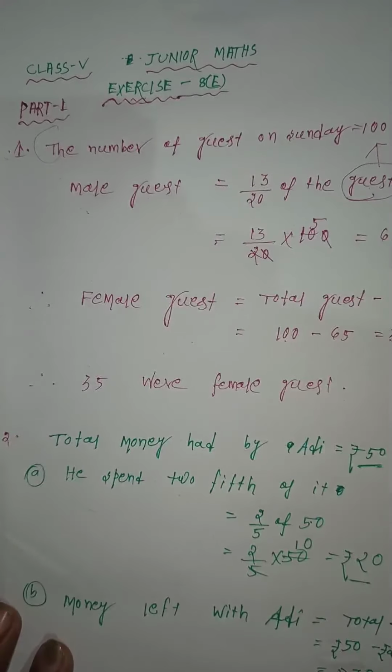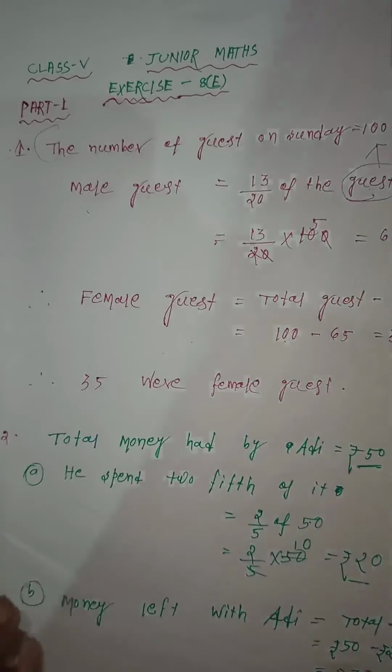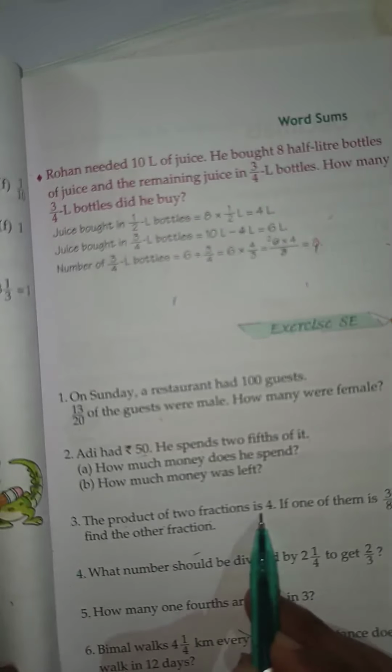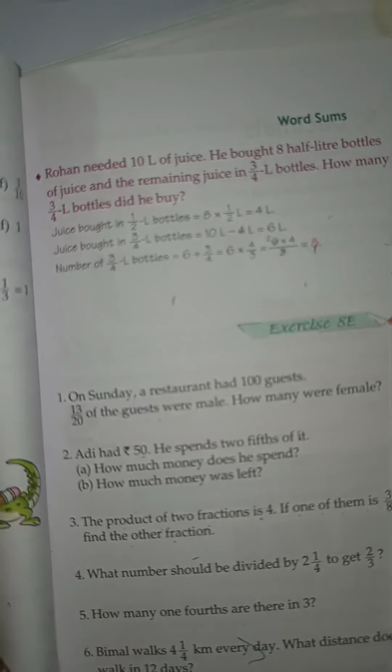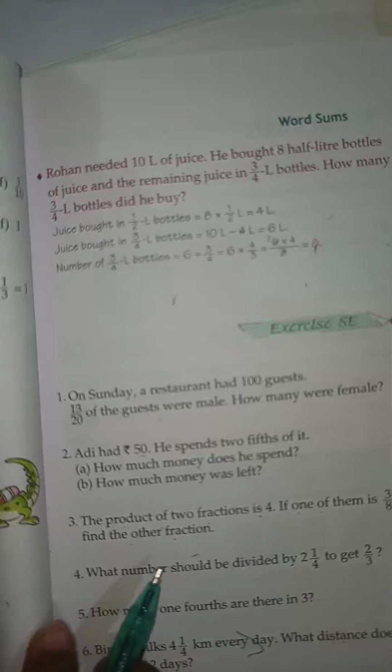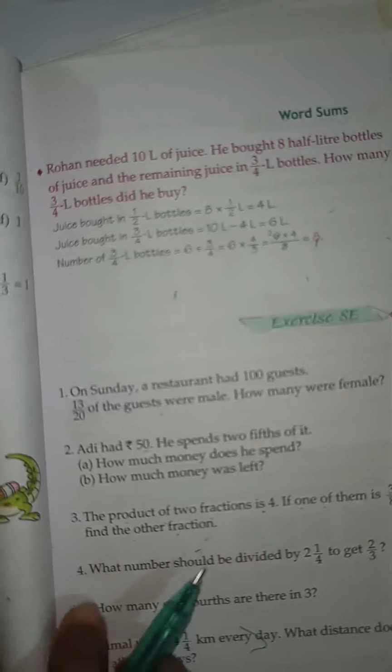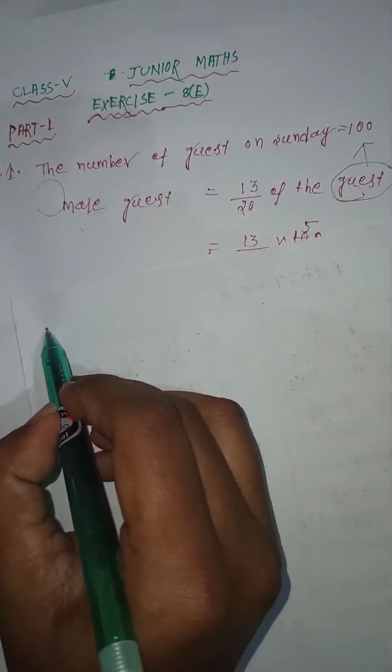Question number 3: the product of two fractions is 4. If one of them is 3 by 8, find the other fraction. Product of two fractions is 4.